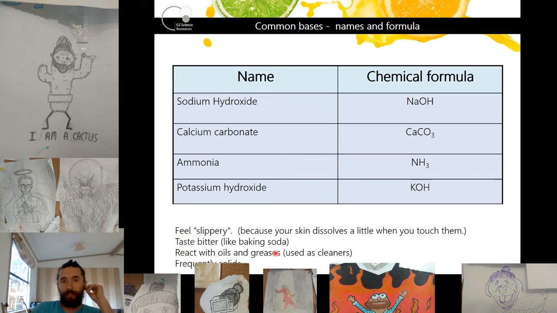Reacts with oil and greases like soaps and stuff. Yeah, they're generally basic. And that last one, which you may not be able to see, says frequently solids. So stuff like calcium carbonate is a solid. Sodium hydroxide, yeah, these are solids. Ammonia is a liquid, but it's a gas. It's a gas that can be dissolved as a liquid, but a lot of them are solids.